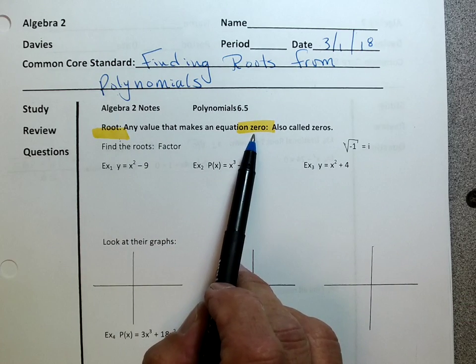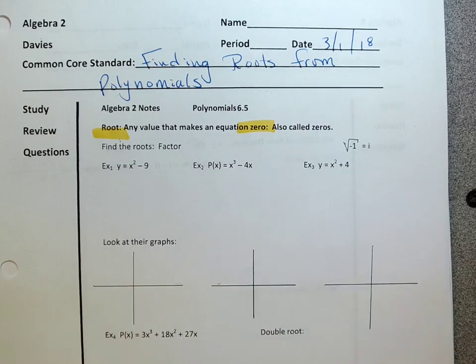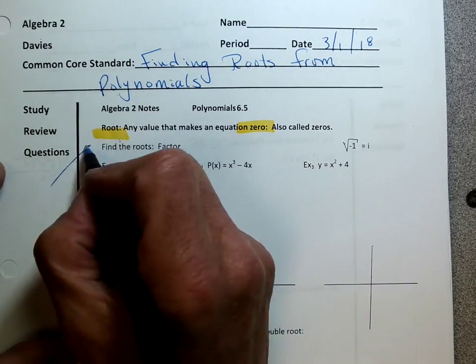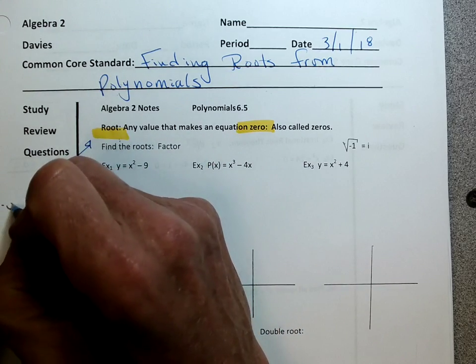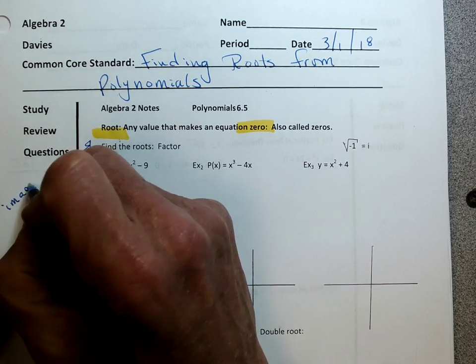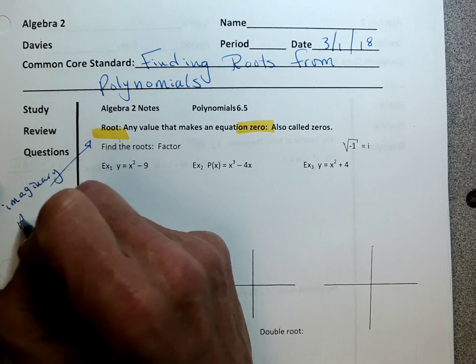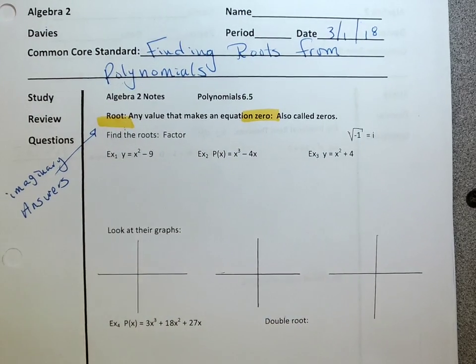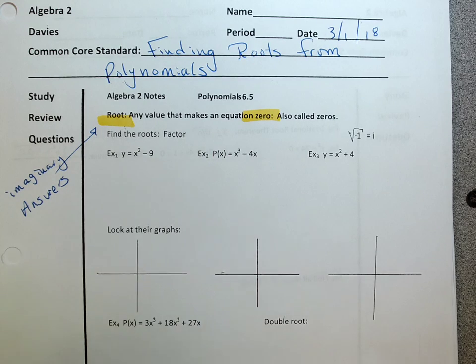That includes i's, so with roots you can have imaginary answers. So any answer that makes it equal 0 is going to be a root, including i's, all right?